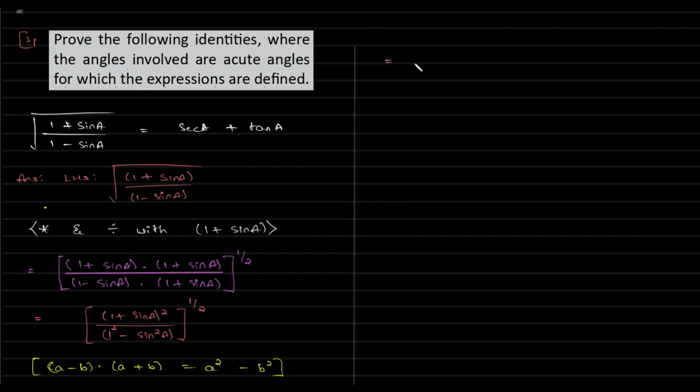Okay, next thing is we'll distribute the square root. So we have the square root of (1 plus sine A) the whole square, divided by the square root of 1 minus sine square A. So this is as per the identity (A by B) whole to the power of n is A to the power of n by B to the power of n.